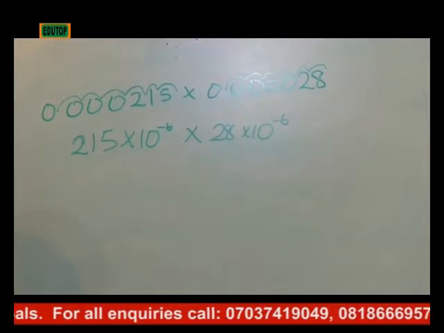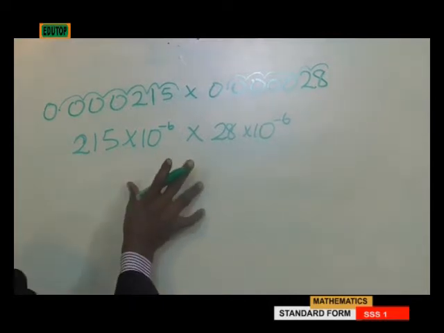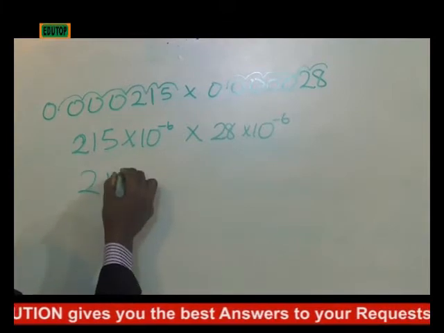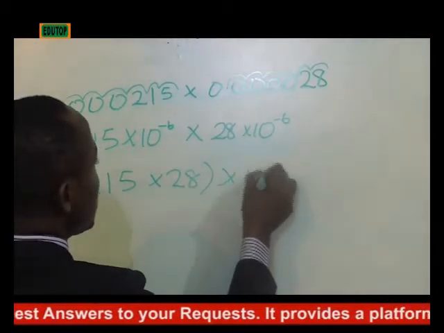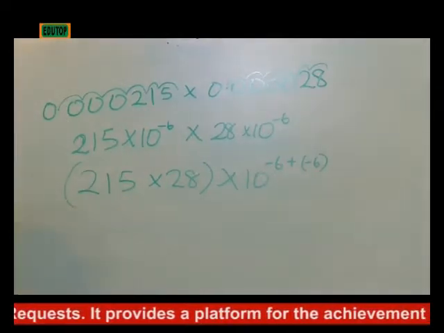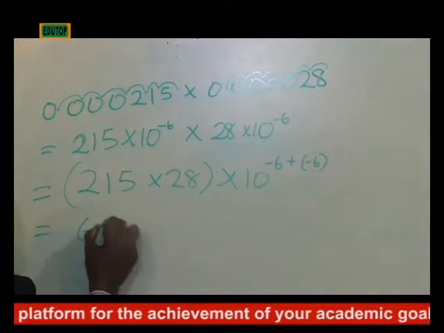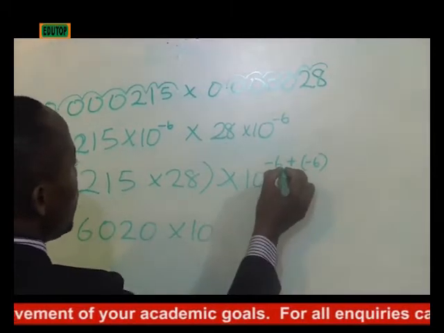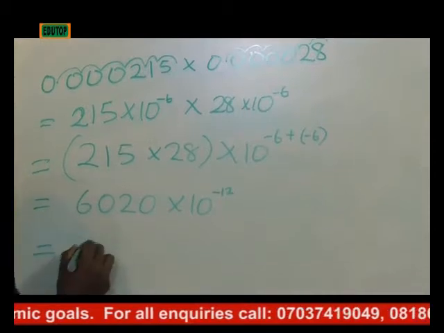Under multiplication, since we are multiplying, we add the powers. 215 will now be 215 times 28 times 10 raised to the power minus 6 plus minus 6, which will now give us 6,020 times 10 raised to the power minus 12.